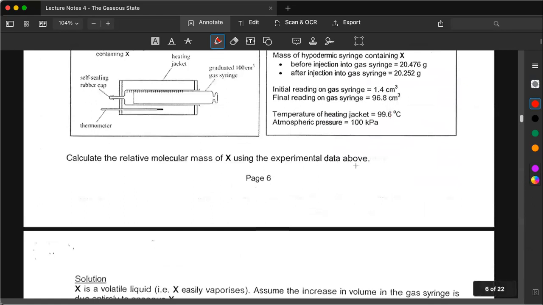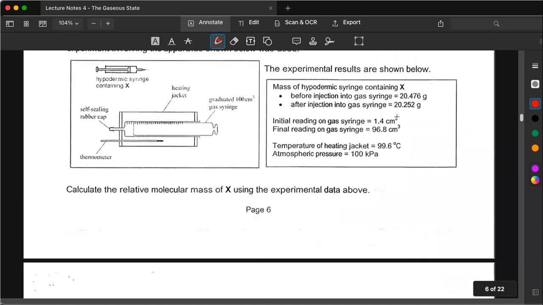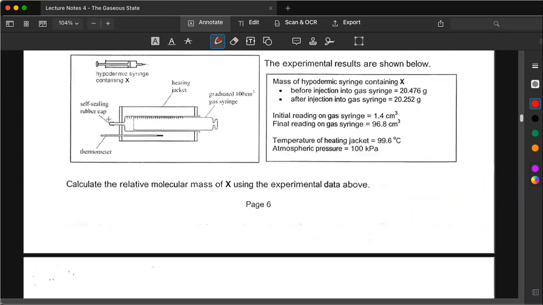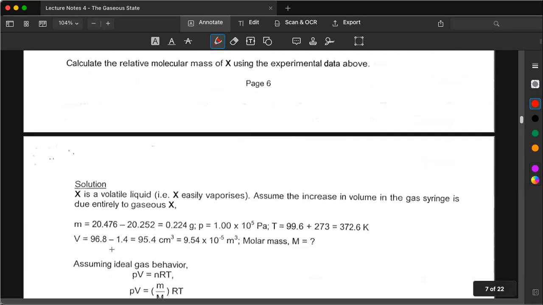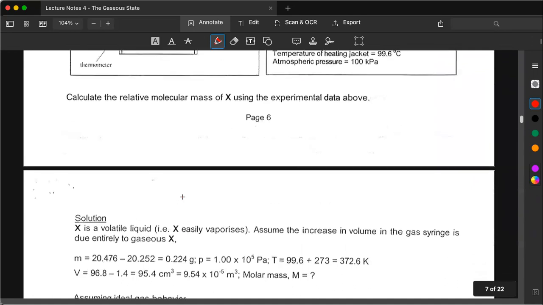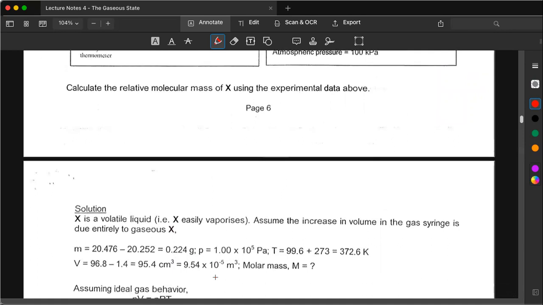Temperature has to be converted to Kelvin, 99.6 plus 273, quite straightforward. The volume, just assume that because it is a volatile liquid, the expansion is plainly due to X. So the difference in volume, 96.8 minus 1.4, will give us the volume of the gas. And convert this to meter cube, or cubic meter rather.